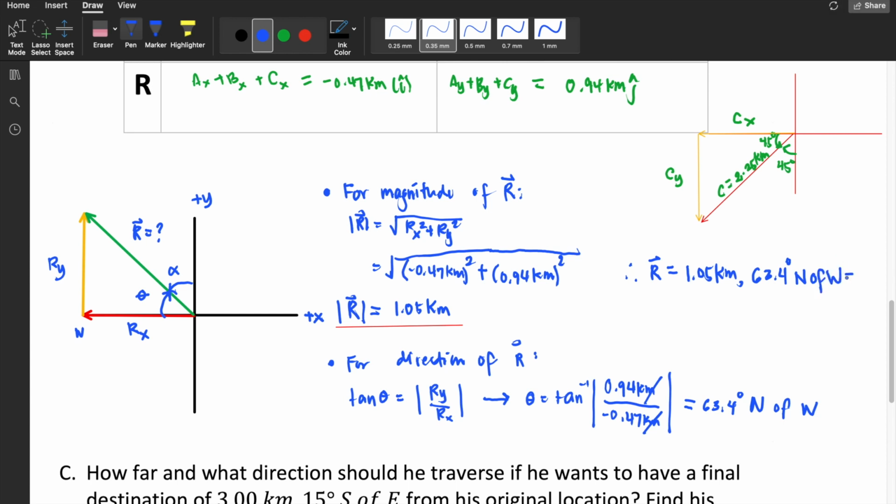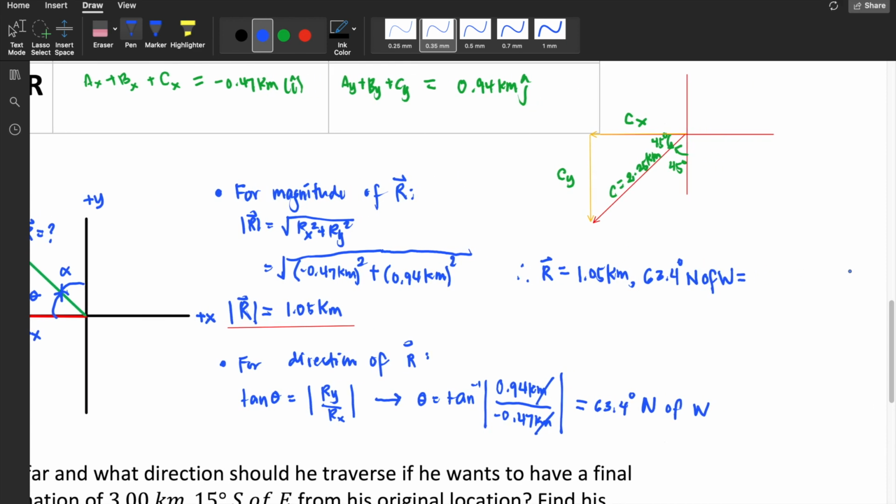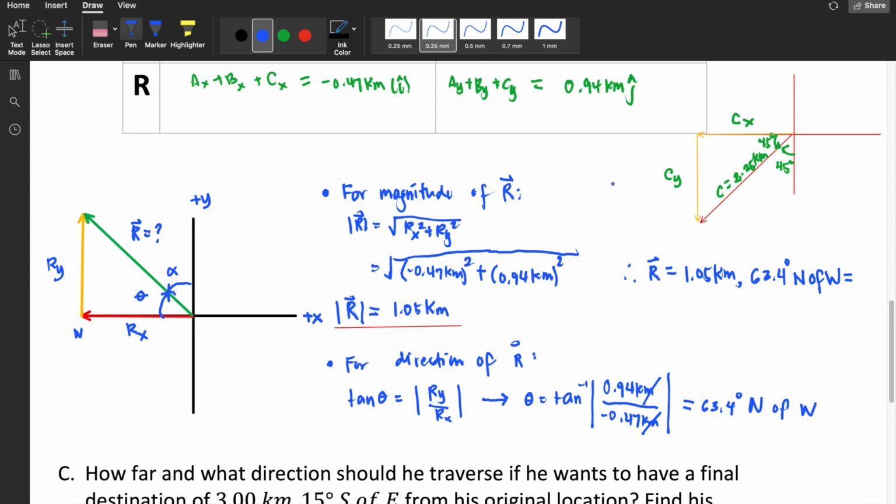And its direction can also be expressed in many ways. You can use this other one here. That would be 180 minus 63.4, which is equal to 116.6 or 117 degrees.